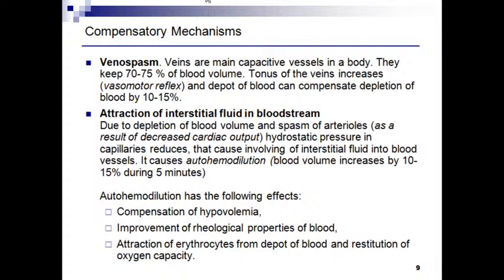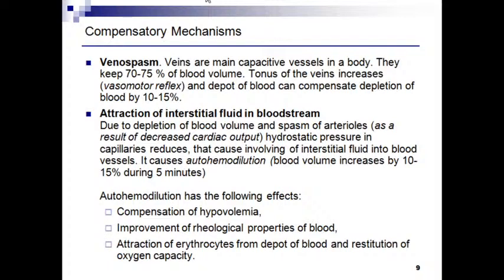Second mechanism, attraction of interstitial fluid into the bloodstream. Interstitial fluid means liquid present between cells. This is the third space, water space, interstitial space. It is due to depletion of blood volume and spasm of arterioles as a result of decreased cardiac output.